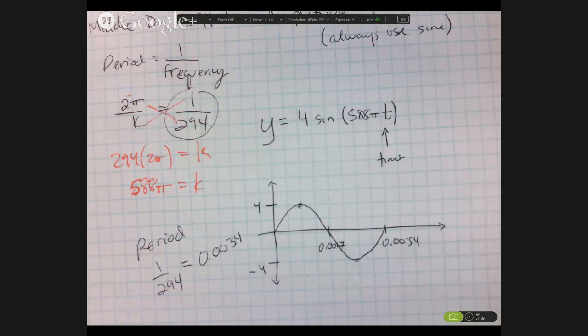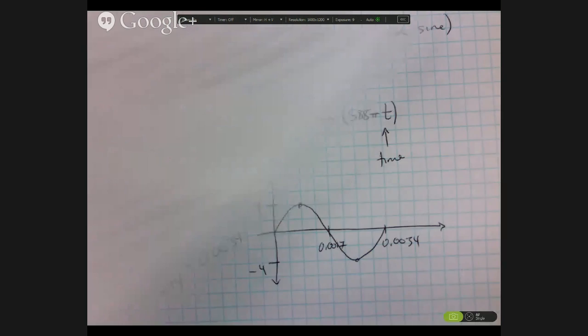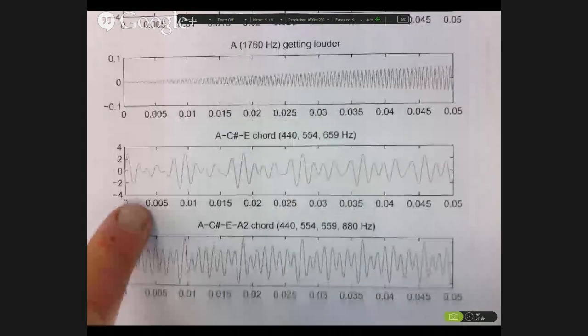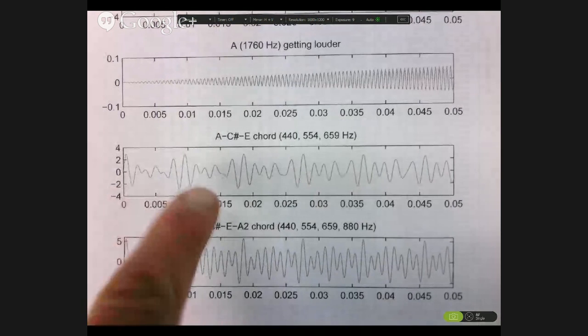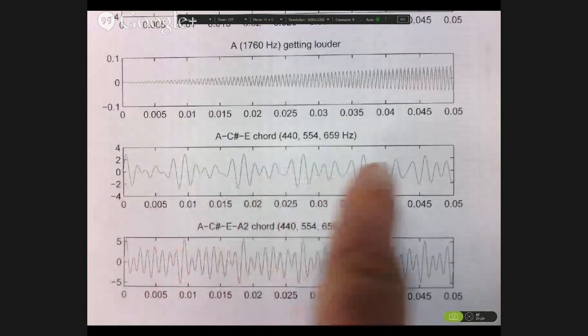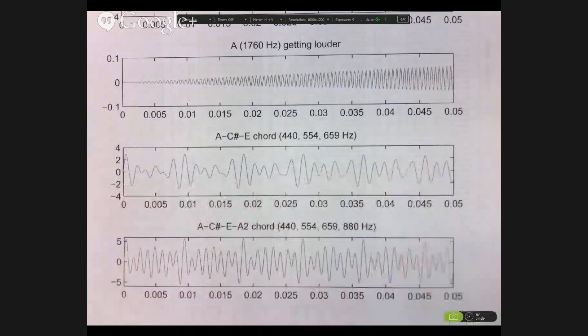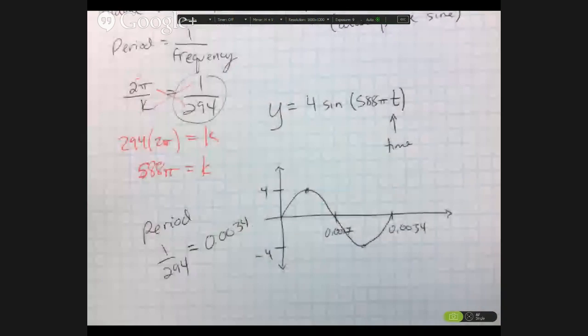If you're graphing a chord and you want to move to advanced, this is what chords look like, because you have 3 different notes playing with each other. So it's going to manipulate that sound wave to look like this. This is an A. We do this 6 times, for each note.